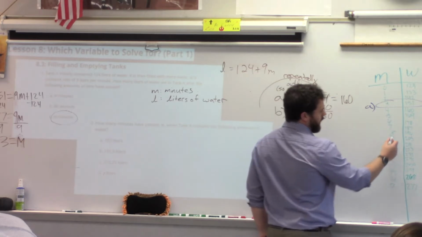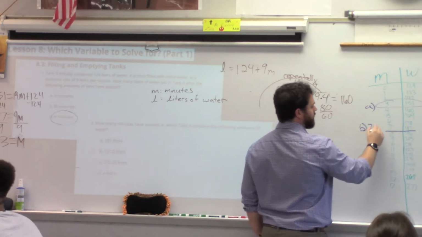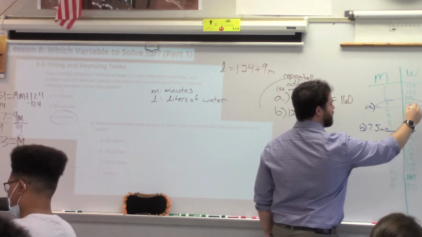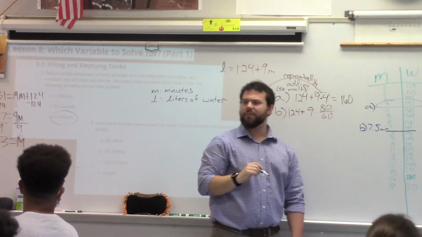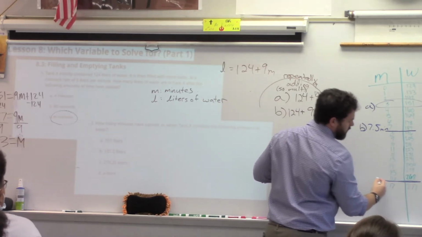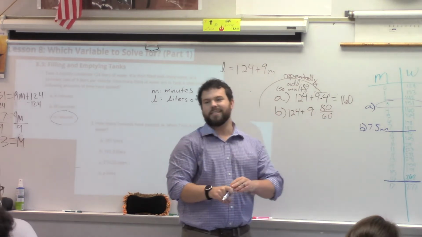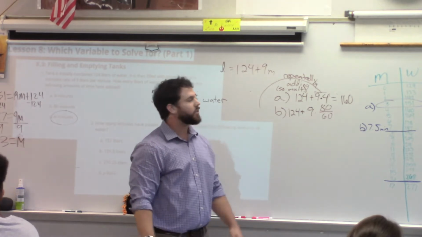Yeah. That looks like it's right in between here. So B was 7.5 minutes? Okay. What was the last one? 270? So that's somewhere in between here. Yeah, it's close to 16.5. I think it's 16.25.